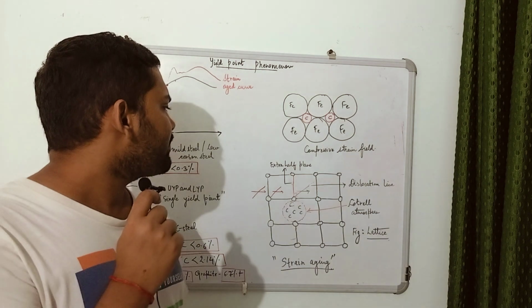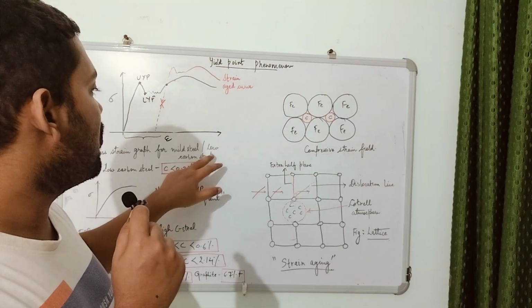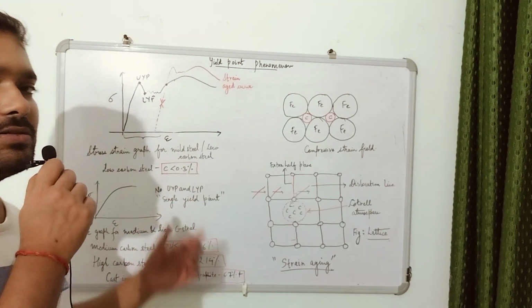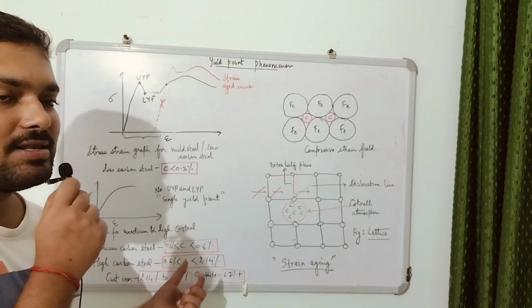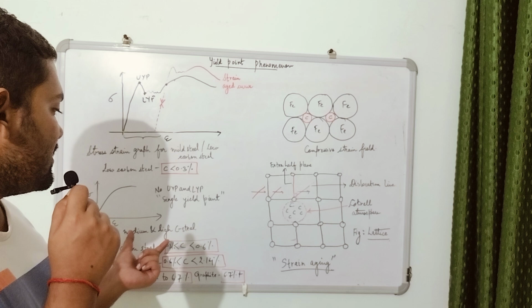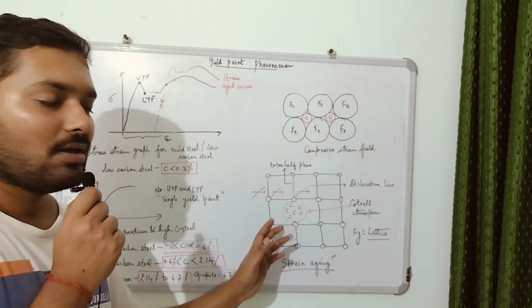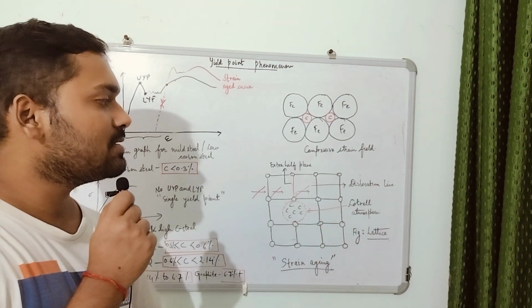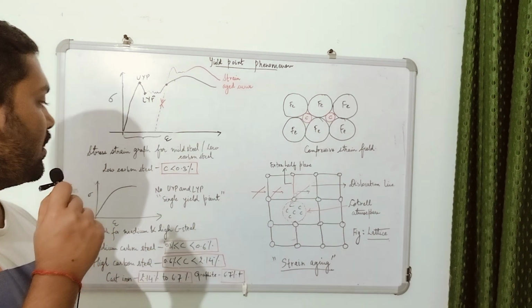So this is all about the yield point phenomenon in low carbon steel. Now we are going to see why this yield point phenomenon does not occur in medium or high carbon steel. This does not happen in medium and high carbon steel because there are a sufficient number of carbon atoms to keep on forming the Cottrell atmospheres, and due to that we see only a single value of yield point.